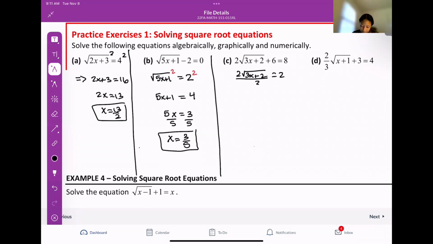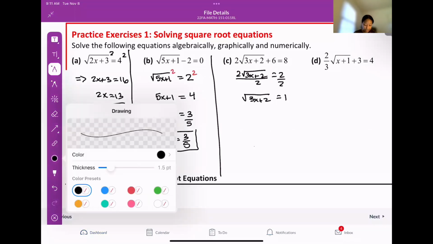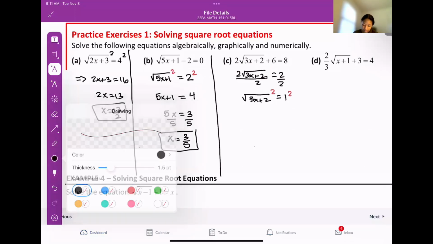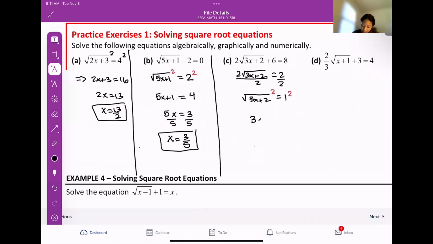And then if we divide both sides by 2, we end up with the square root of 3x plus 2 equals 1. Once you get to this stage, then we square both sides. That gives us 3x plus 2 equals 1 squared, which is just 1. If we subtract 2 from both sides, 3x equals negative 1. And if we divide by 3, x equals negative 1/3.